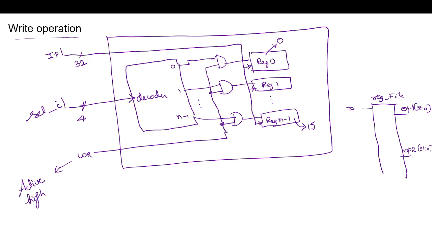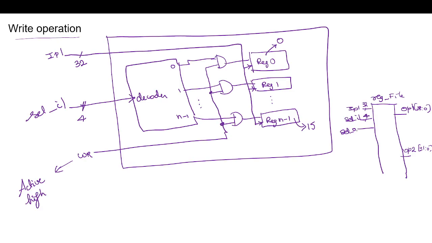The inputs are IP1, which is also 32-bit, then select I1 for writing the input, 4-bit, select for output 1, 4-bit, select for output 2, 4-bit, and then clock, enable, read signal, write signal, and reset.